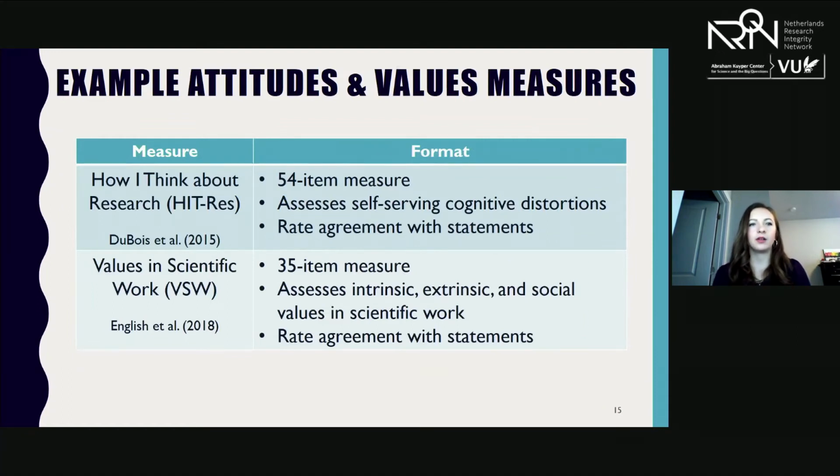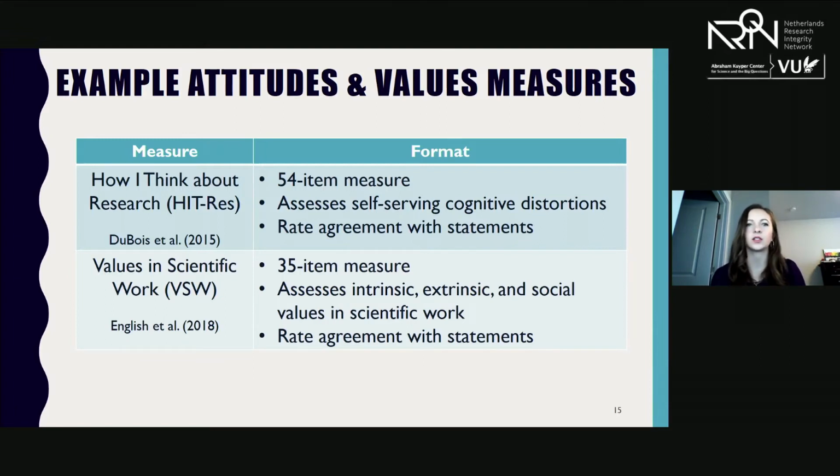Now I want to highlight a couple of example attitudes and values measures. So the HIT-RES was developed by Jim Dubois, and then the values and scientific work was developed by Tammy English in tandem with Jim Dubois, actually. So the HIT-RES is a 54-item measure that assesses self-serving cognitive distortions. So you can sort of think about things like thinking errors, like assuming the worst of people, blaming others, minimizing things, self-centered thinking.